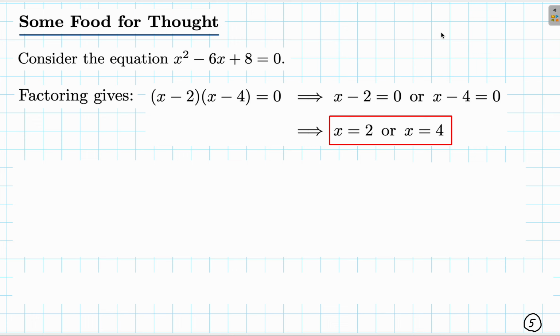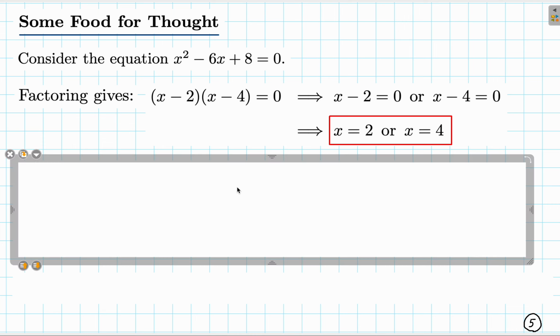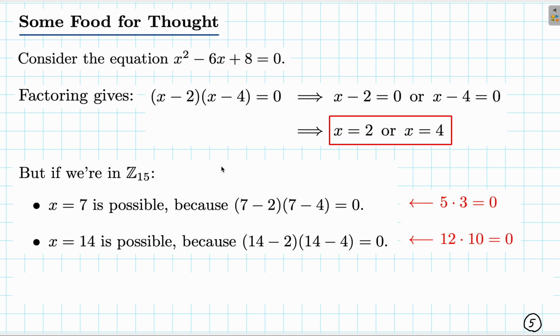Now this is all fine if we're working in an integral domain, such as the ring of integers, but let's say we're working in Z15, which is not an integral domain.